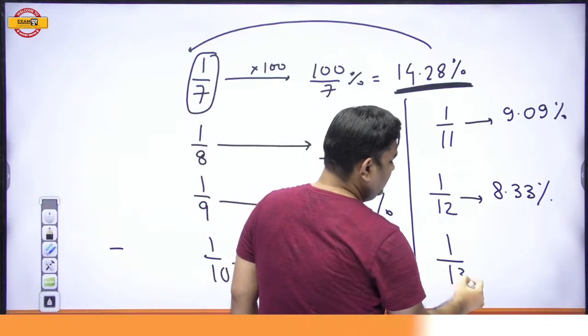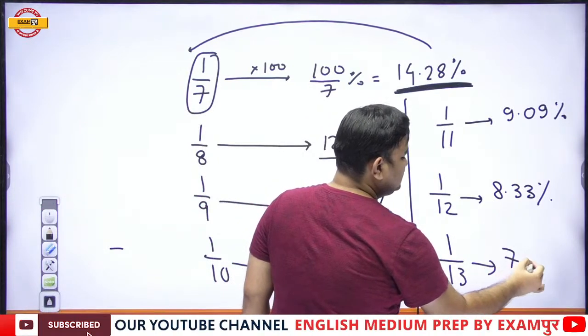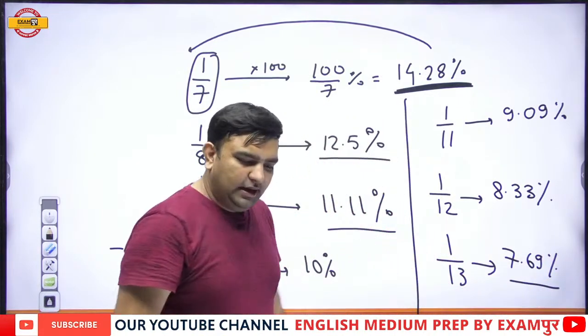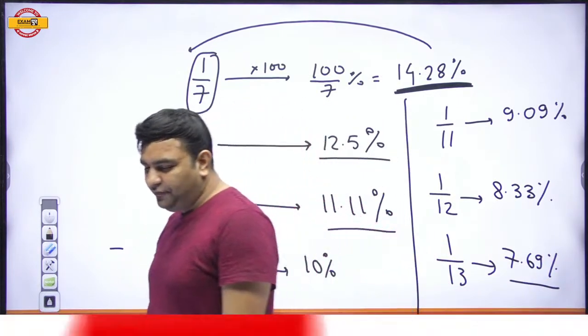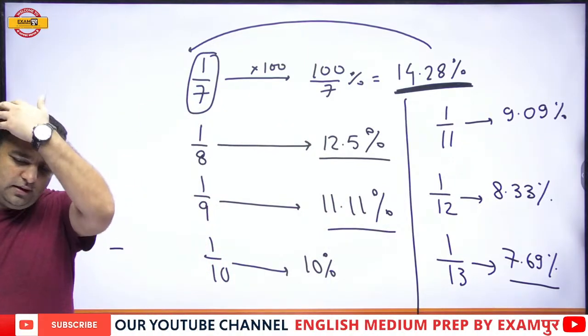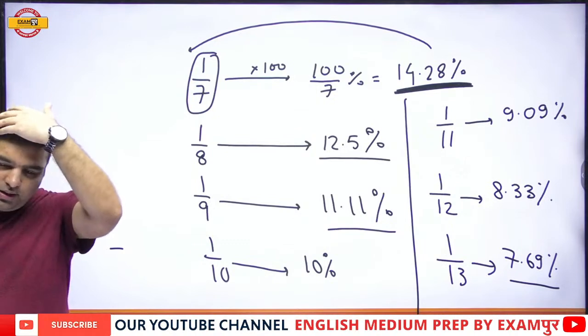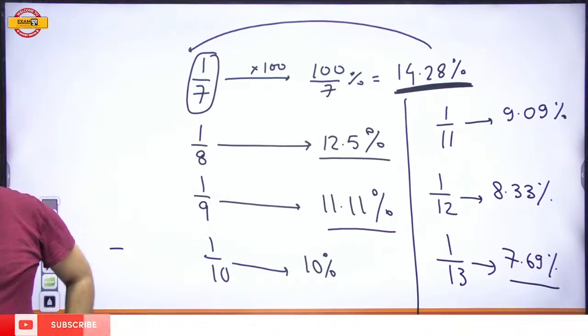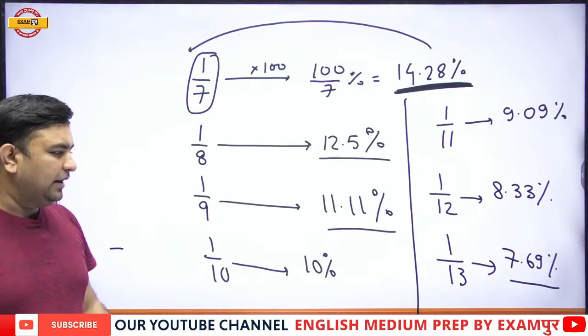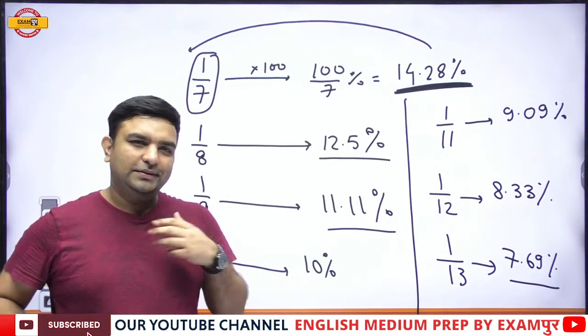1 by 13 is 7.69%. This much is sufficient as of now. First, we should be good at it, then we will learn more. We will try to be good at it first, then we will elevate the level.